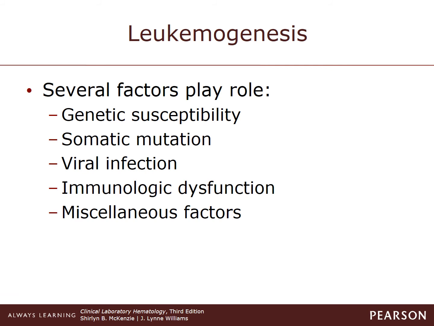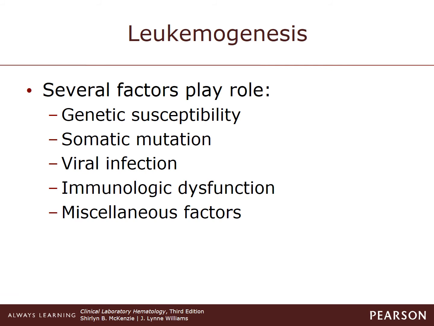Somatic mutations are another cause, an acquired change in the genetic material of cells other than those involved in reproduction. Mutations in the chromosome near these proto-oncogenes are likely to play a role in the neoplastic development in these cases. Some of those causes can be from radiation, chemicals, and drugs that cause chromosome mutations.